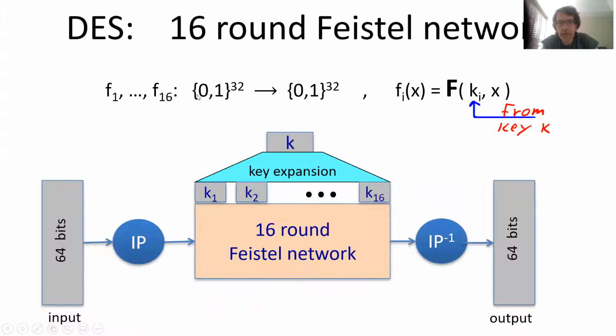Here is the actual DES design. This is a picture we've seen before. When we introduced block ciphers, I said they typically use the key, expand it into keys for multiple rounds, and then use these for so-called round functions. Now you know, and we said this key expansion is a PRG.